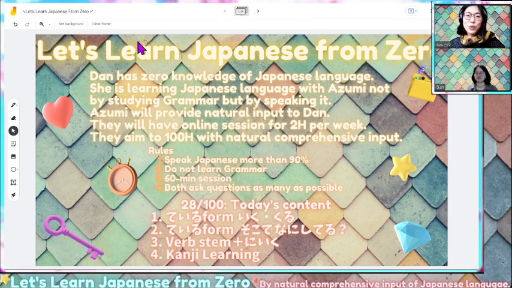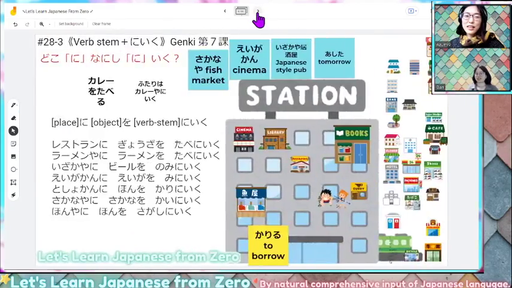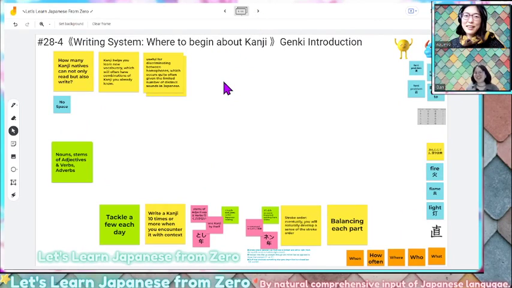Dan-san, what do you think about Japanese kanji? Chinese. What do you mean, Chinese? I think at least some of the kanji have similar meaning to Chinese characters.